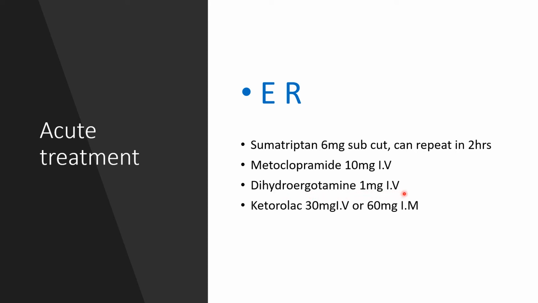Dihydroergotamine 1 mg intravenously. Be careful with the blood pressure. Ketorolac 30 mg intravenously or 60 mg intramuscularly can all be given in the emergency room. But the emergency room physician makes that determination.